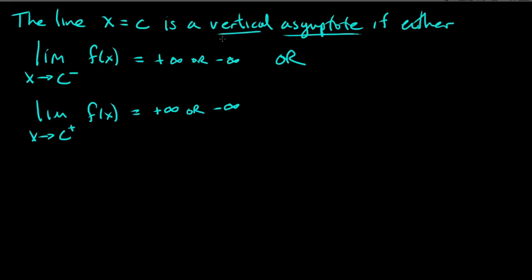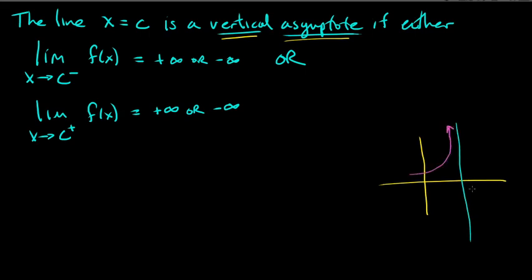We really never defined what a vertical asymptote is, other than to say that, well, it's a line, it's a vertical line, right? Something like this, that the graph approaches, right? The graph approaches that line. So something like this, or this. So we know it when we see it, right? We know that this line here is a vertical asymptote.